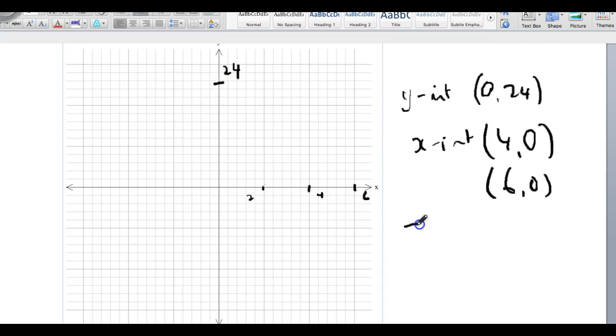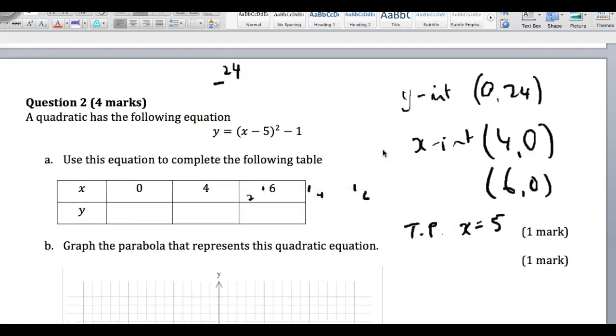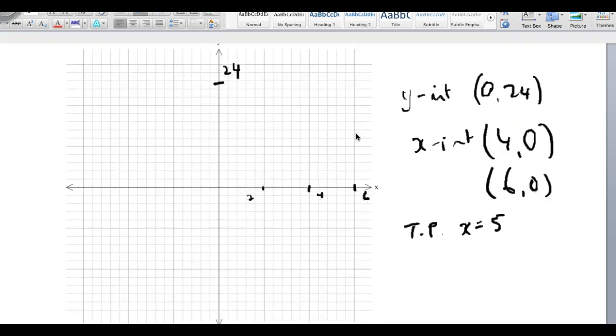The other thing I didn't do before was my turning point. So remember, your turning point is halfway between these 2 points, and I can easily see that it's going to be 5. And I've forgotten the equation. Oh, now I have to scroll up. Just bear with me. -1. Beautiful.